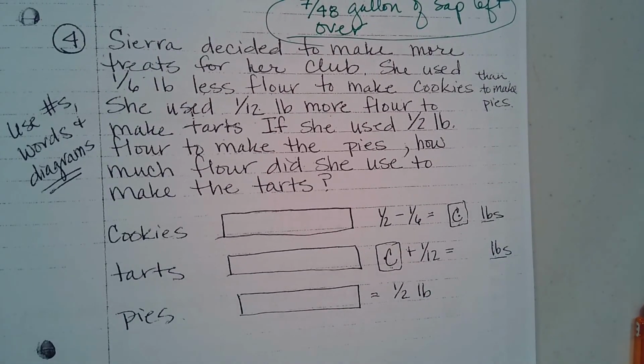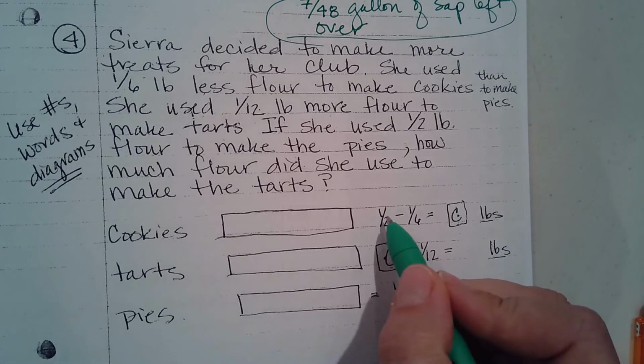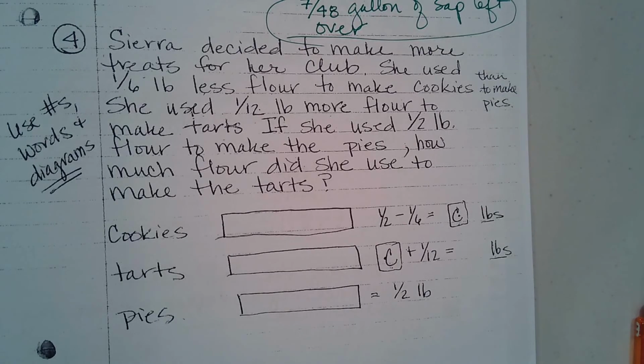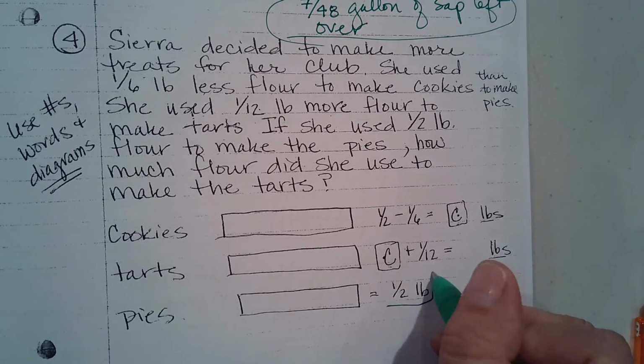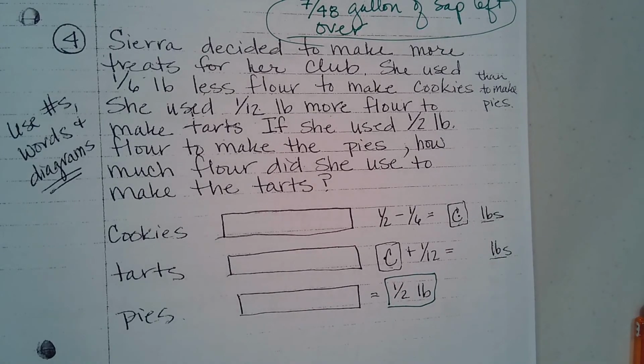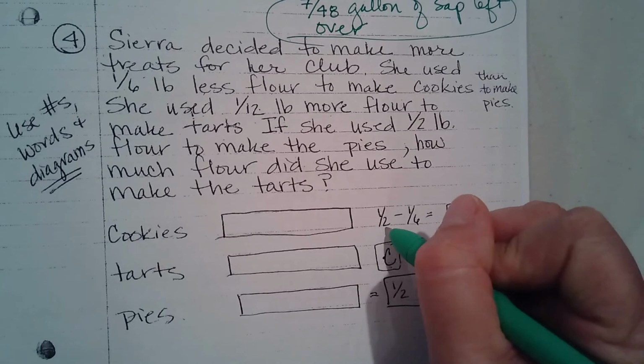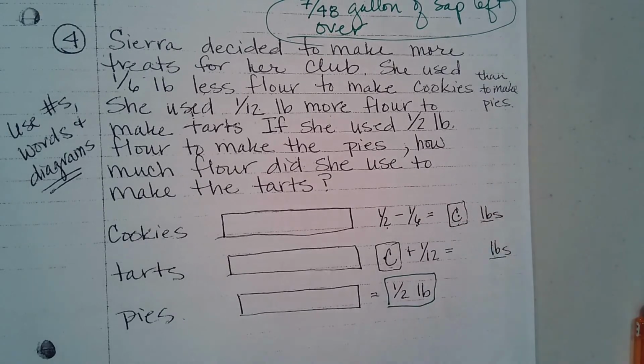Well, let's attack this problem. Well, number 1, what do we know? We know that if she used 1/2 pound of flour to make the pies, and we know she used 1/6 pound less flour to make cookies. So she has to take 1/2 and subtract the 1/6.